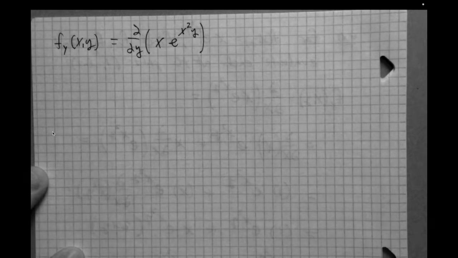Okay, so find the slopes of the surface given by this function at the point. Okay, at the point. Now the point is going to be (1/2, 1, 2). And we want to know the slope in the x direction and in the y direction.